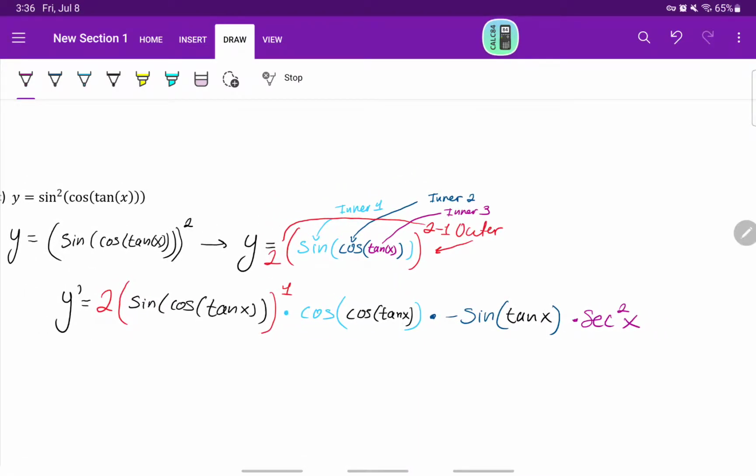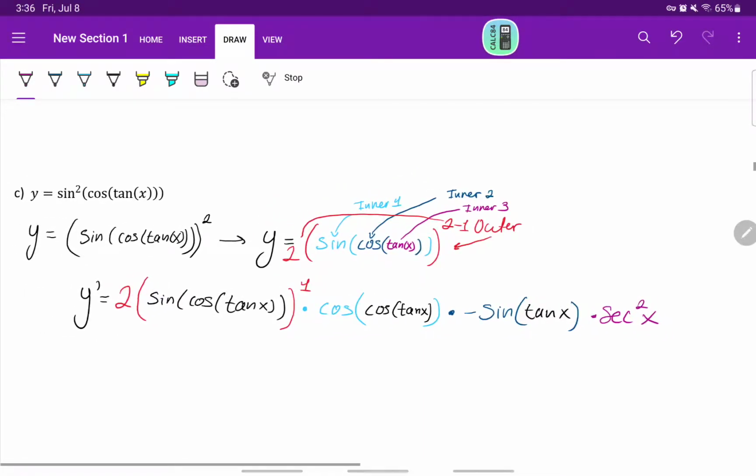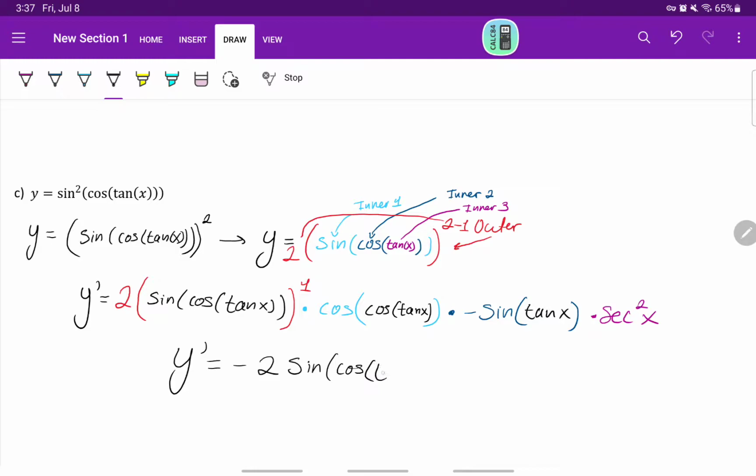So when I clean up all of this to make it look really nice, y prime is going to equal negative 2, because 2 times the negative makes it negative 2, of sine of cosine of tangent of x, close that up. Because it's to the first power, I can just leave it the way it is.